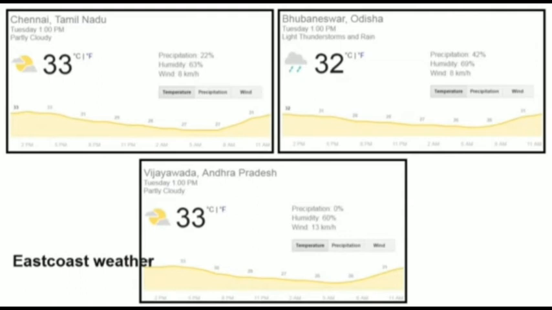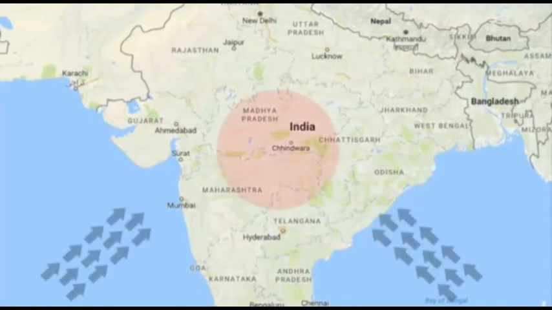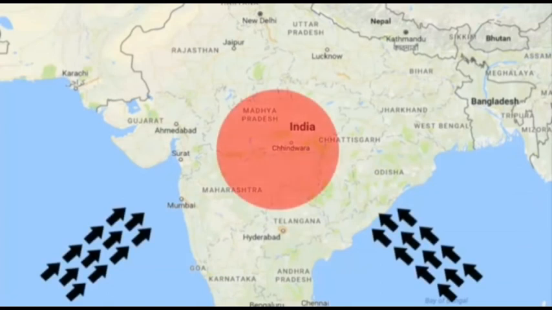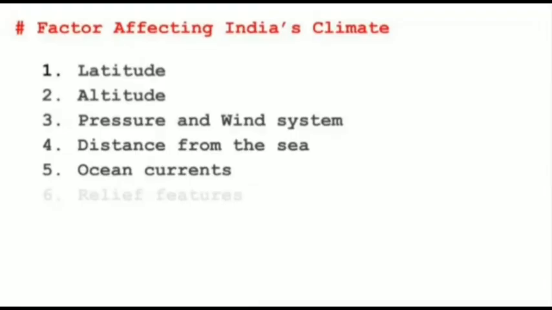But if you are living in the central part of India, you will start experiencing extreme weather conditions like too hot in summer and too cool in winter. This condition is known as continentality.